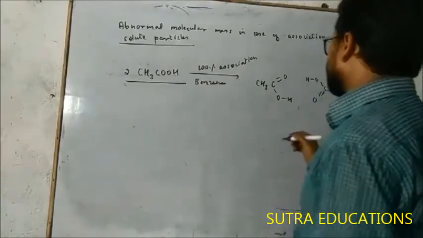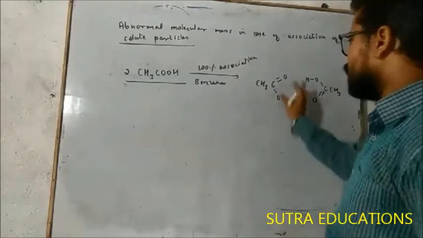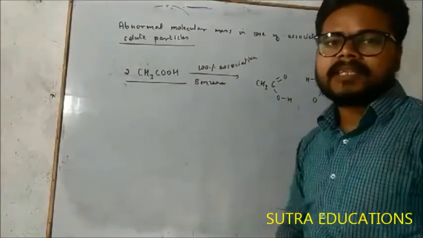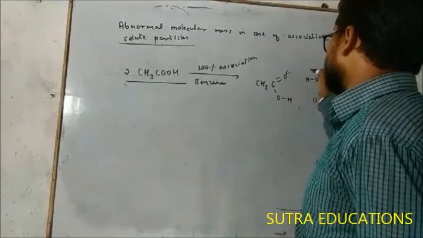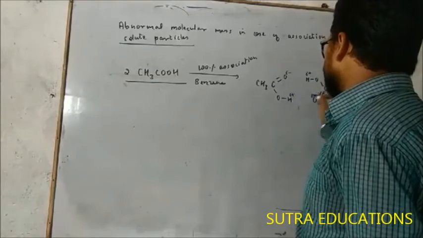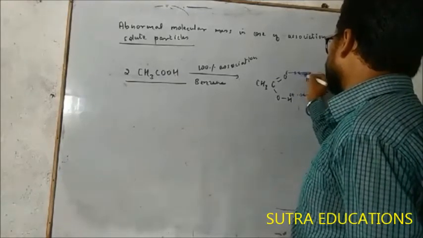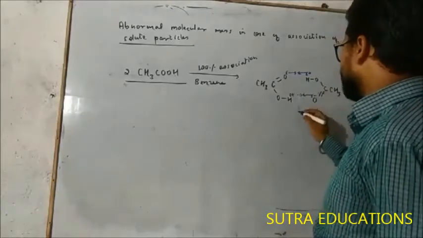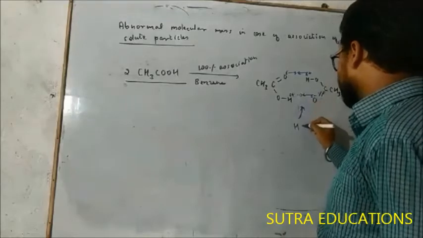Because there exists hydrogen bonding between two molecules of CH3COOH. In this way, here it is partial negative, here it is partial positive, here it is partial positive, here it is partial negative. So a force of attraction will exist here, and it is hydrogen bonding.